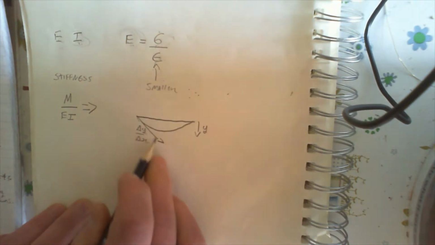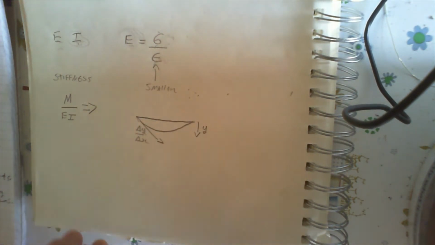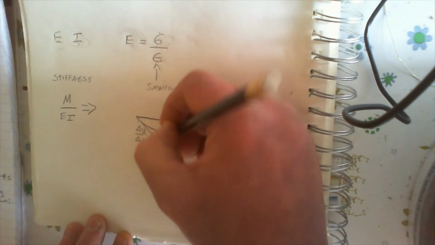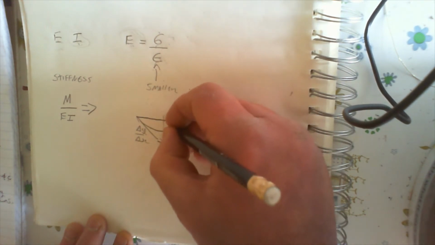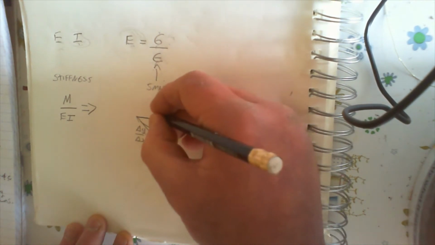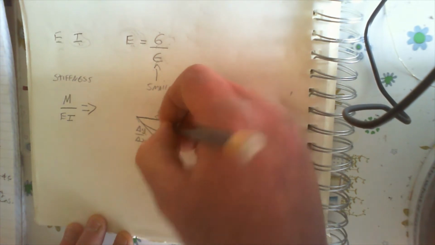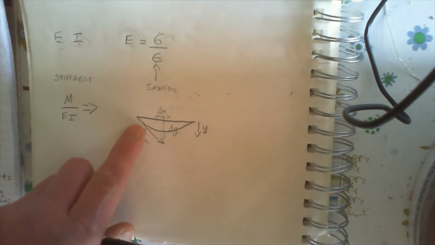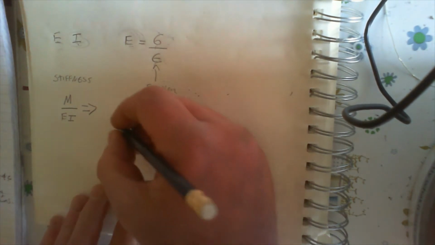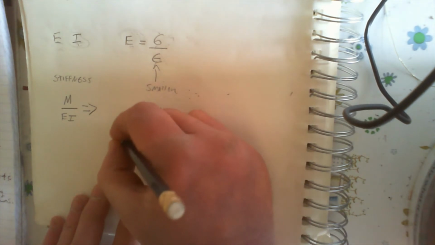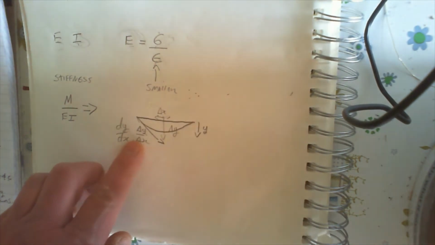So this slope here is the ratio of the change in y and the change in x. So that will give us the slope of the beam at any point. If we find dy, and this is the same as dy by dx, it's the same thing, virtually.